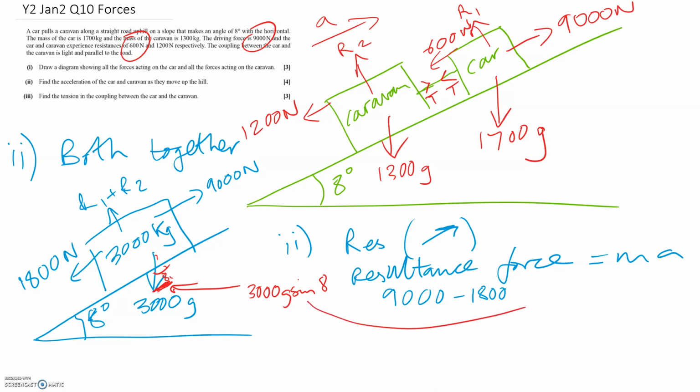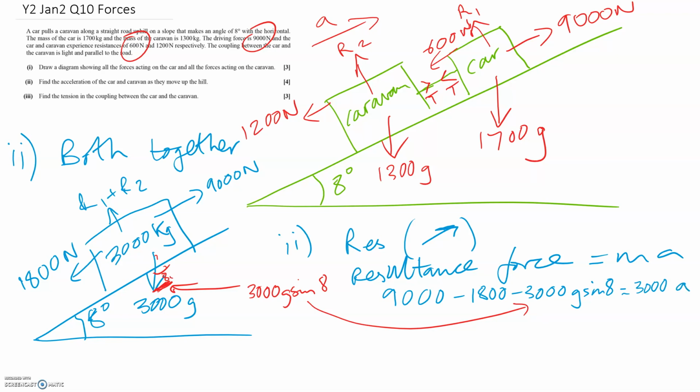So if we put that in here, we've got to take away that as well, so minus 300 G sine 8, and that's going to equal the total mass, which is 3,000 times the acceleration.